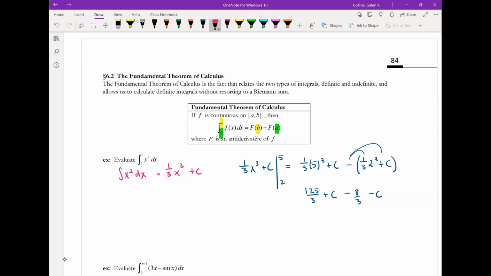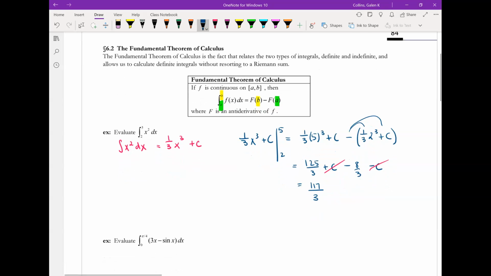So our constant of integration gets subtracted back out. So because of that, when we evaluate a definite integral, it is not necessary to add the constant of integration. All right, so we should get 117/3 for that first answer.